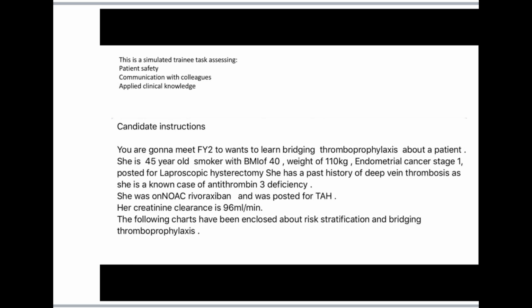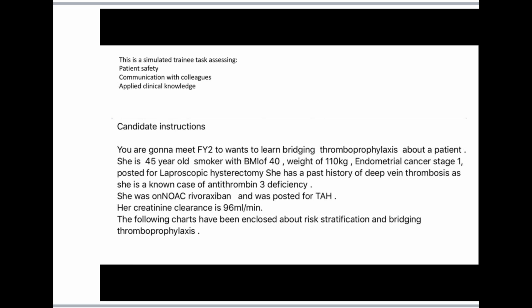And then what will happen? I will go for my surgery, and after that, if I start warfarin alone, I will not be protected. I can develop clots after the surgery in spite of taking warfarin because it takes time to start its action, up to 3 to 4 days. So I need to start low molecular weight heparin side by side along with the warfarin until I have the effect of warfarin.